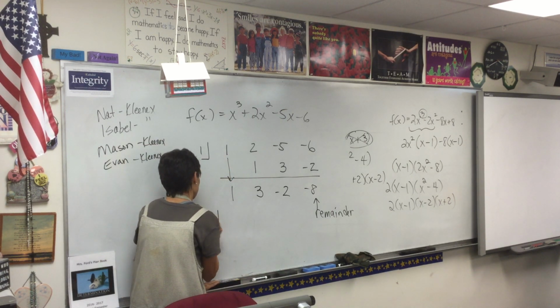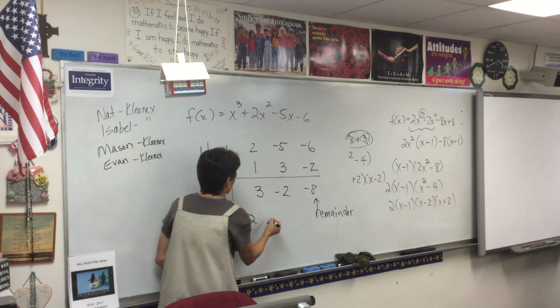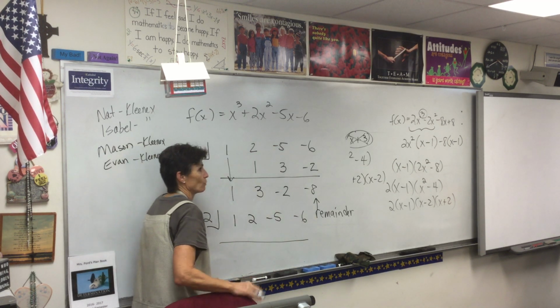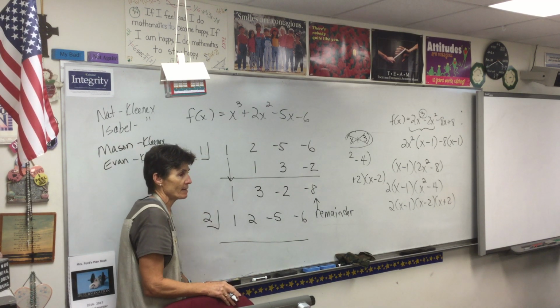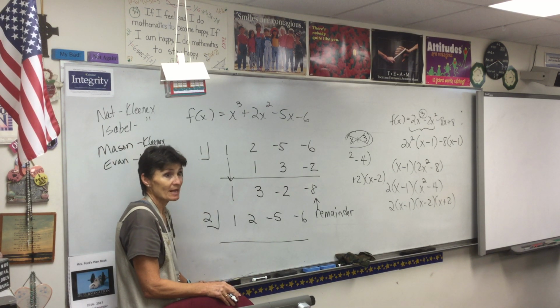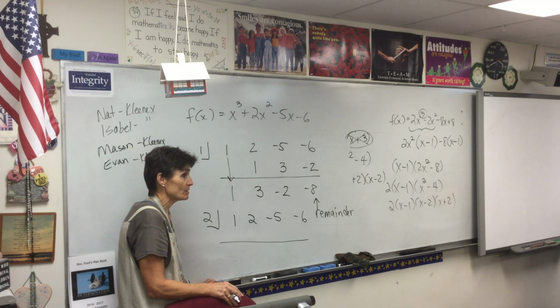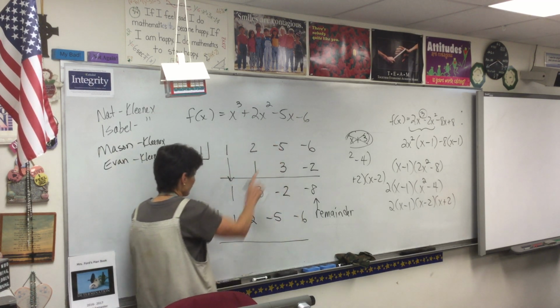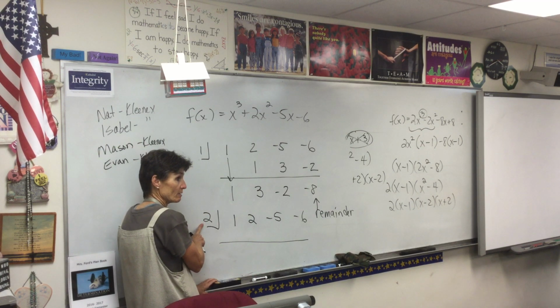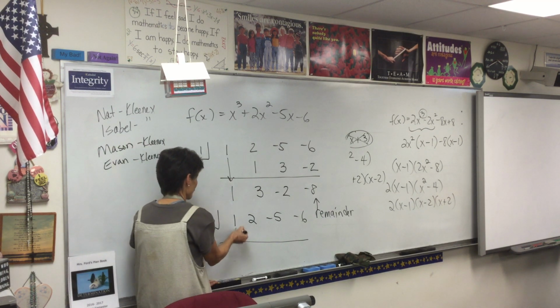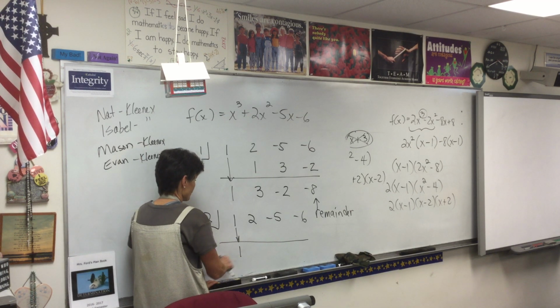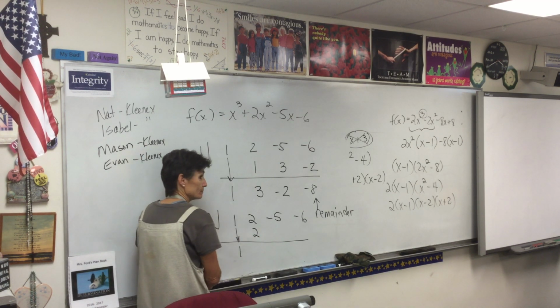So guess what? We're going to do it again. Let's try 2. Now you're thinking to yourself, oh my gosh, Mrs. Ford, you got to be kidding me. I am not. This is how we do it. So here are my numbers again. I'm starting all over. Now I put a 2 out here because I'm guessing 2. Drop this straight down. 2 times 1 is 2.